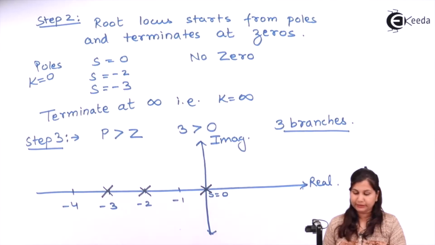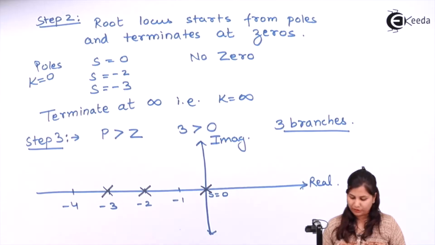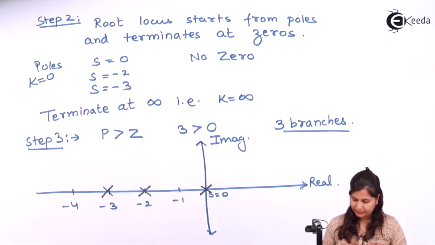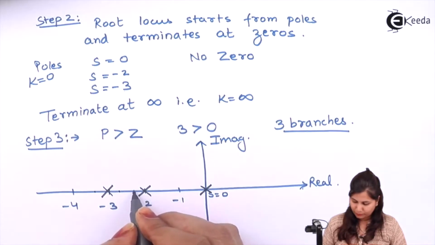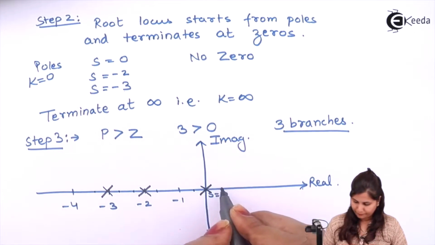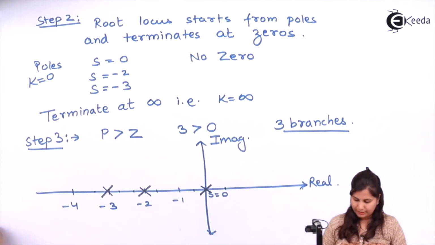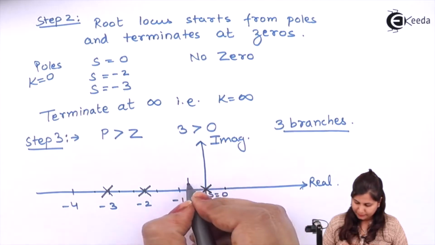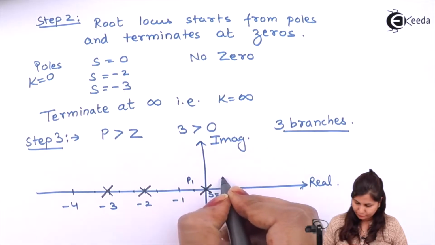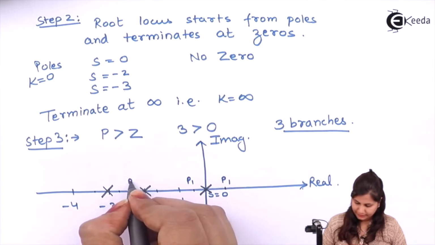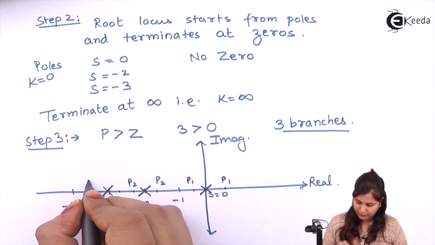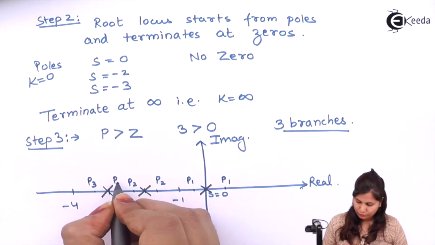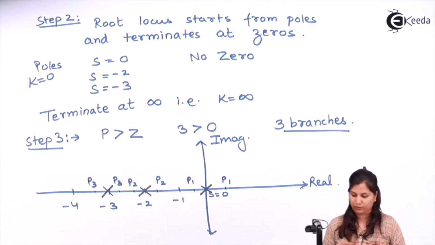Now to determine the direction of the root locus branches, take 3 points across all these 3 poles. Suppose this is P1, and for this pole, there are 2 points P2 about this second pole, and there are 2 points across this pole also.